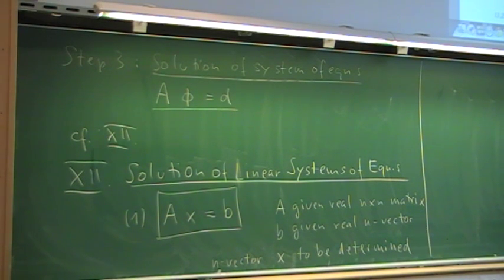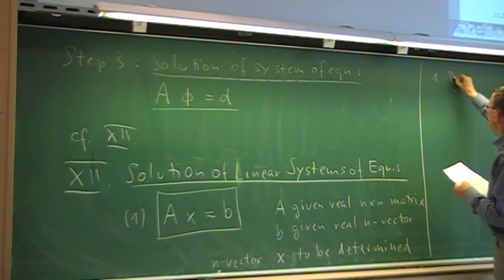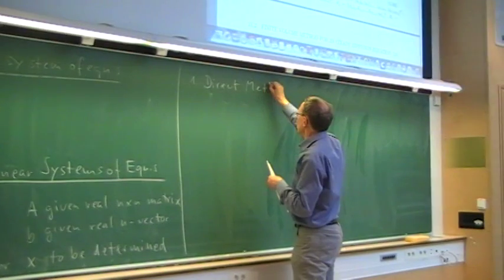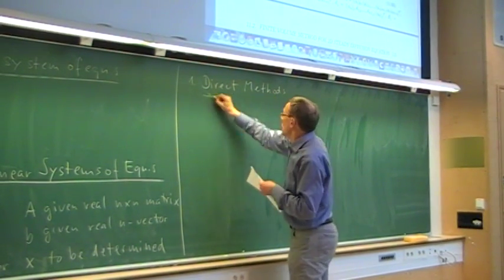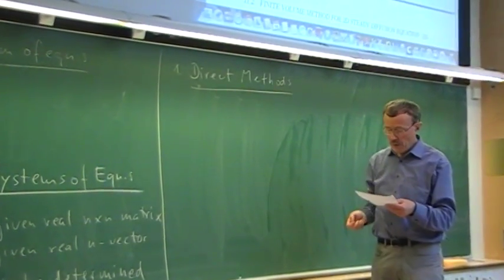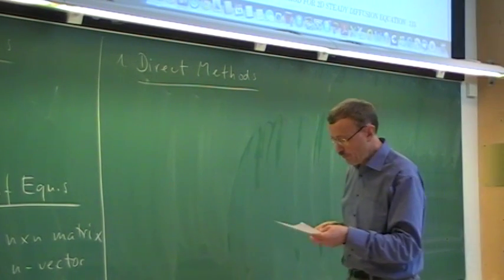That can be done, and we have been doing that now for exercise 8, and you have seen the advantage of doing it. So we have direct methods. And the example that we have been studying also in exercise 8 now is the Thomas algorithm.